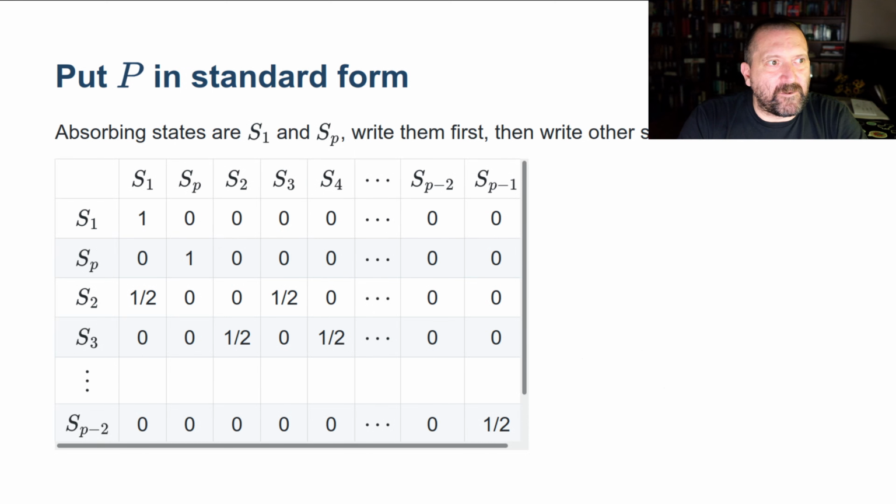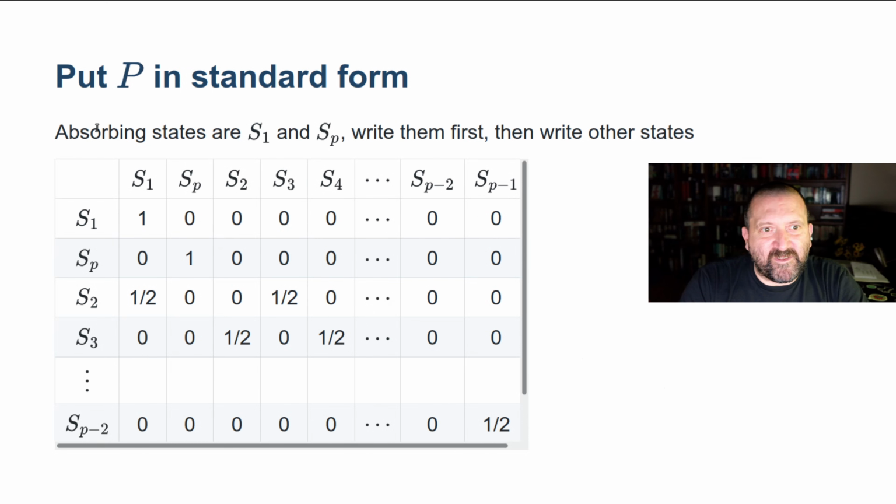Put it in standard form, well, that's easy. You first list the absorbing states and then write the other states. So S1 and SP, both endpoints, and then all the others. Once you have that, you can work through the details of what those probabilities are. You can see this is the identity 2 that I was talking about before.